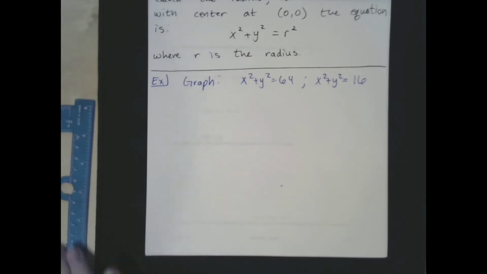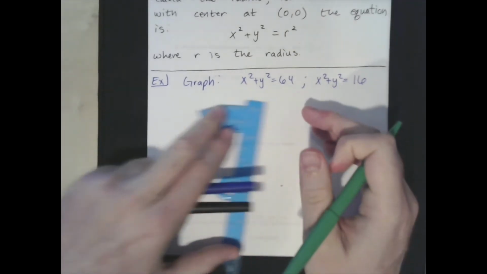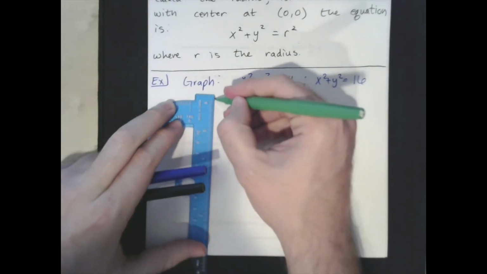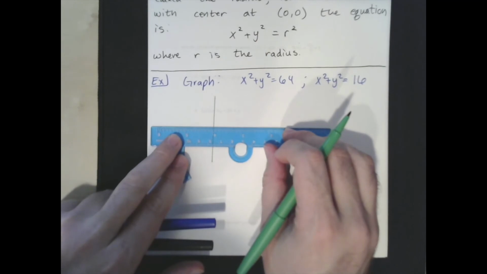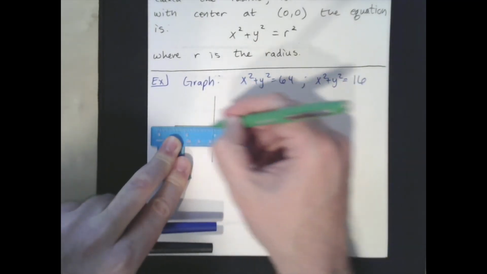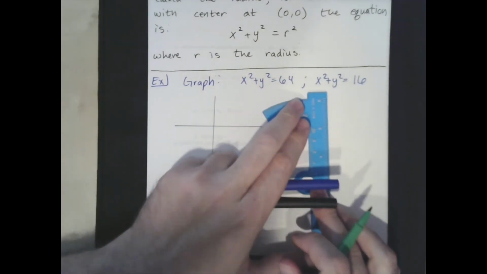So we need some axes, and I'm going to do 2 sets, one for each circle.